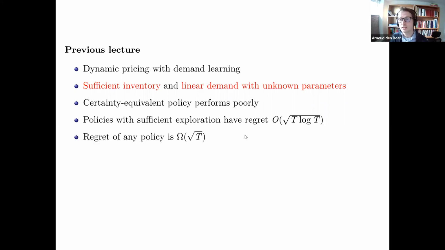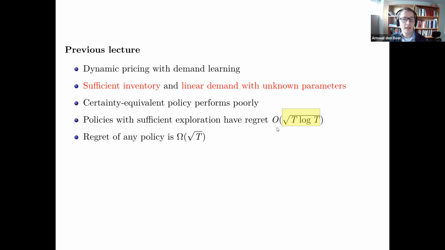Now, how good a policy is is measured by its regret. That's just its deviation from what is optimal, so the cumulative expected loss over T time periods. You want that to be small. If it's order T, then that's not a good thing, because on average you keep losing some money every time period.